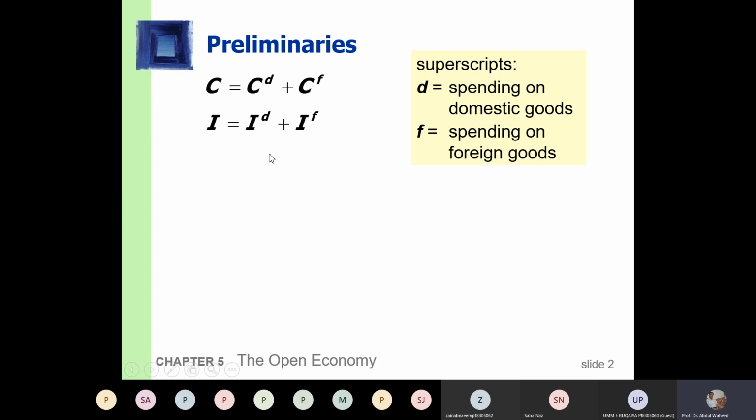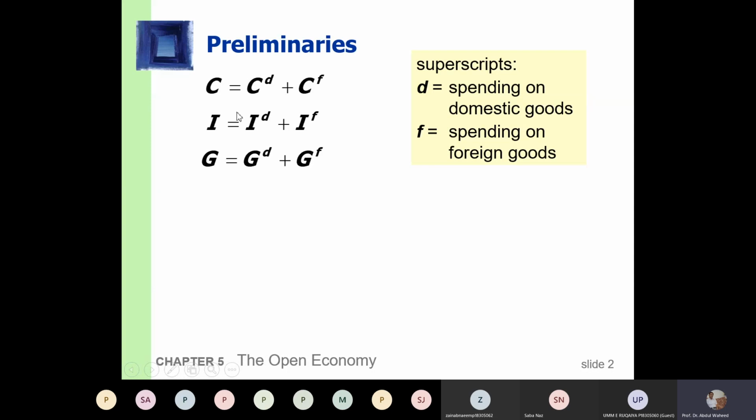Same is with investment: investment expenditure on domestically produced goods and investment on foreign produced goods. Same is with government expenditure. Government can make expenditure on domestic goods and on foreign goods.